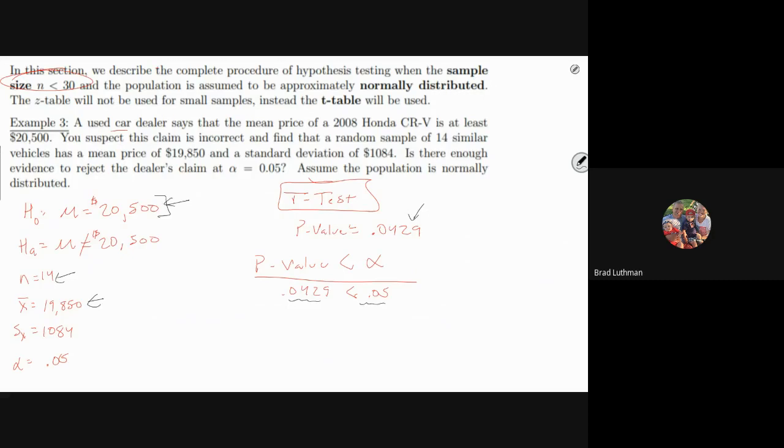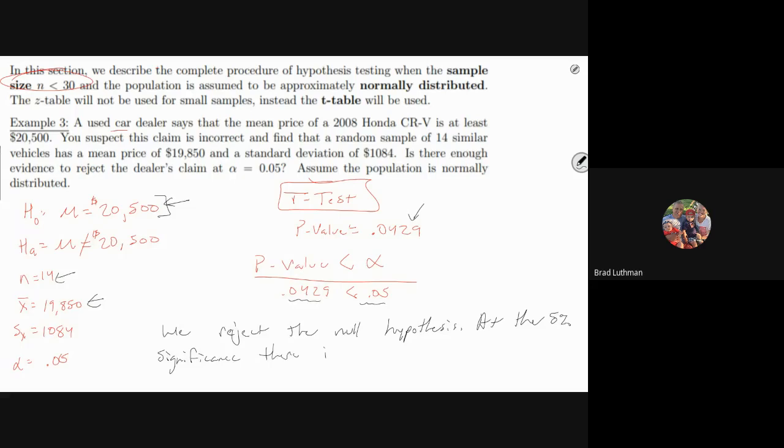Since it's below 5%, we reject the null hypothesis at the 5% significance level.